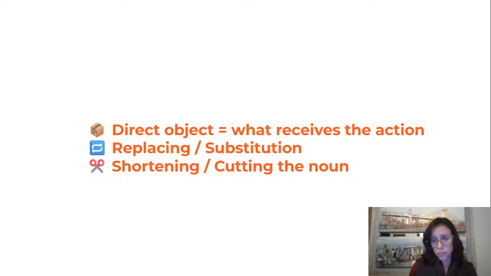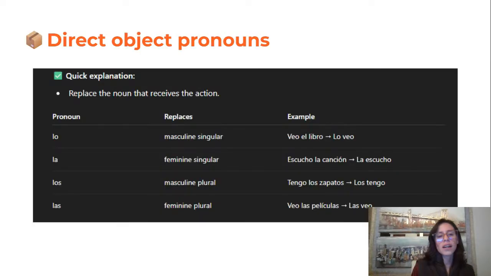"Yo lo veo." I see it, or I see him. So "lo" can also be "him," because the object of a sentence can be a thing, an idea, or perfectly a person.